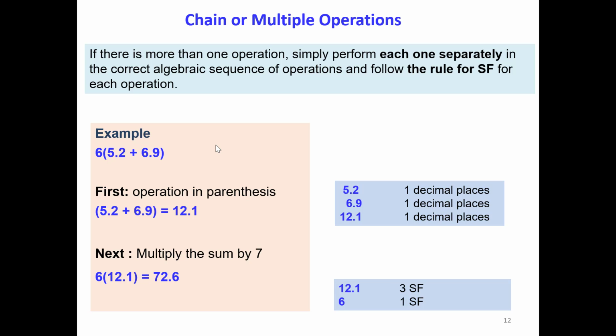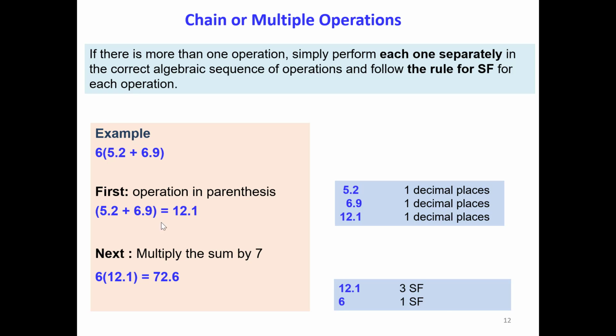If we follow the order of operations, in this case, first we need to solve what we had inside the parentheses. The first thing we need to do is add these two numbers. If we add these two numbers, the result is 12.1.